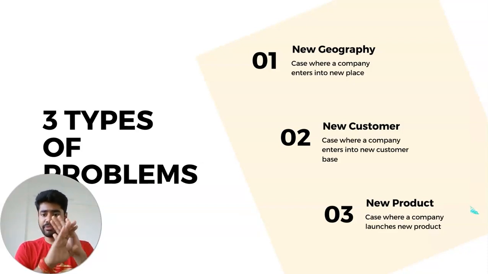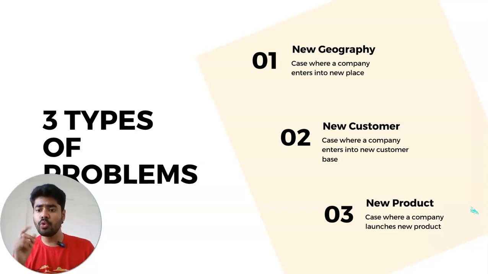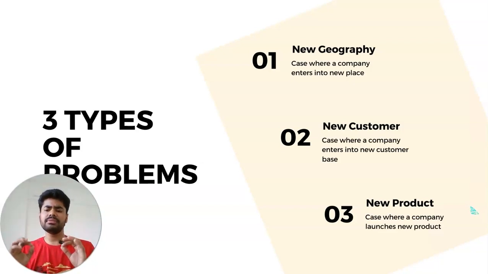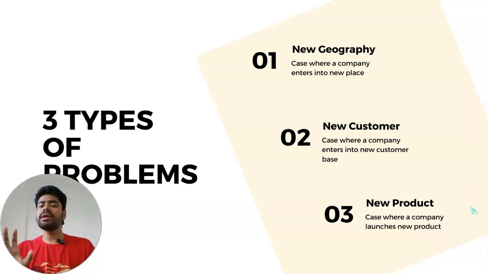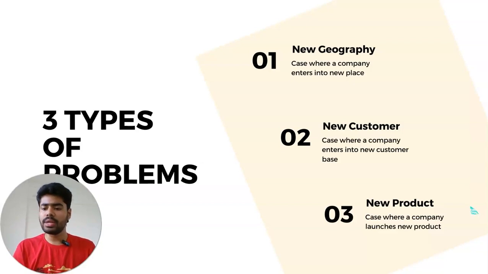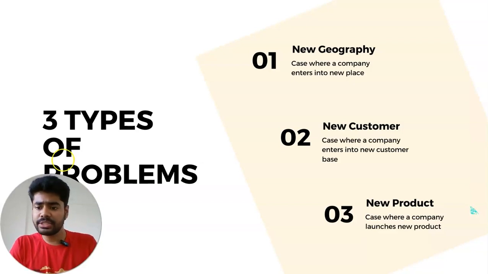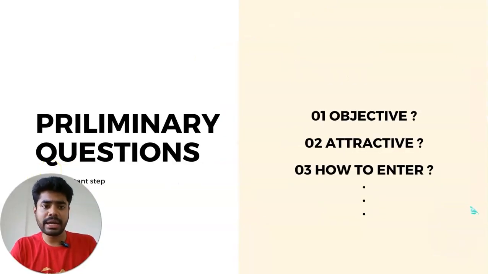These are different types of customer segments. We are going to understand these things more clearly while we solve guesstimates, but everyone has a basic idea that there are different types of customer segments. The third is new product. New product is the most familiar type of market entry case, in which a company wants to launch a new product into the market.